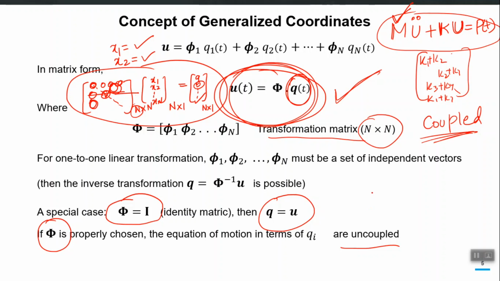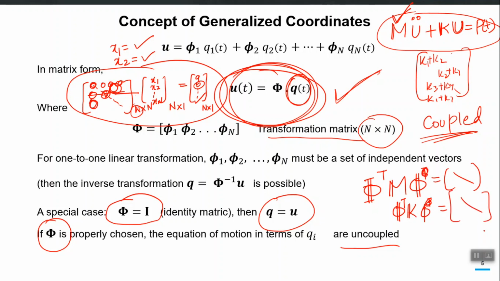Because what is the orthogonality property? That capital Phi transpose times the mass matrix times capital Phi is a diagonal matrix. Similarly, capital Phi transpose times K times capital Phi is a diagonal matrix, right?